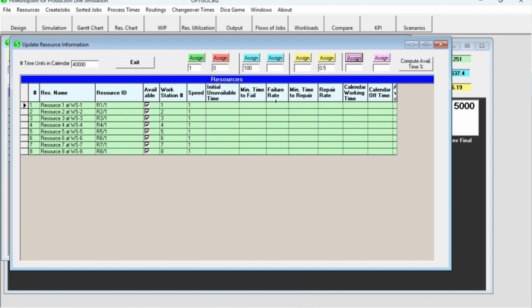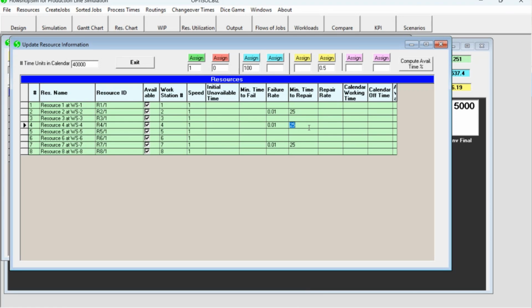Now for the second machine, I would assign a failure rate of 0.01 and a fixed repair time of 25. Similarly, for the fourth one, 0.01 failure rate and 25 fixed repair time, and the same failure rate and 25 here.